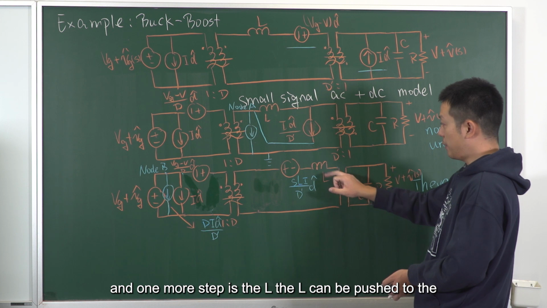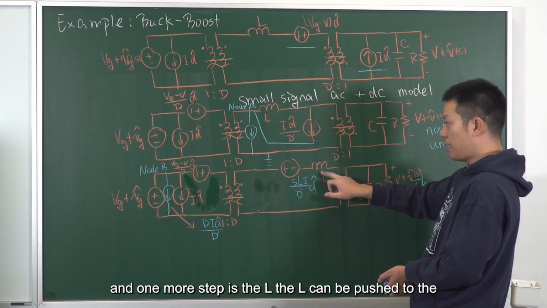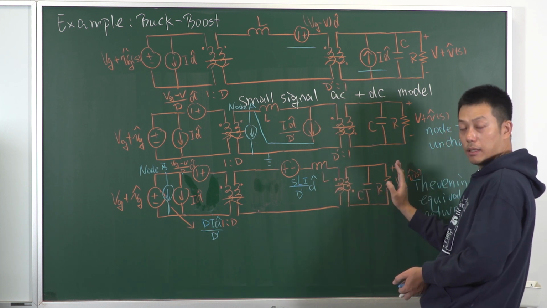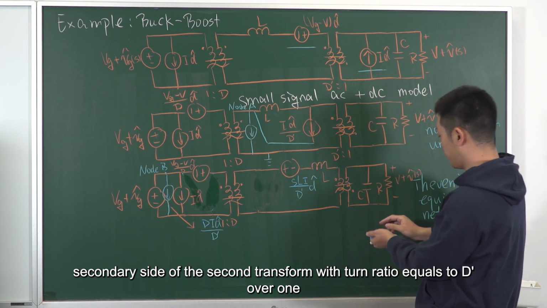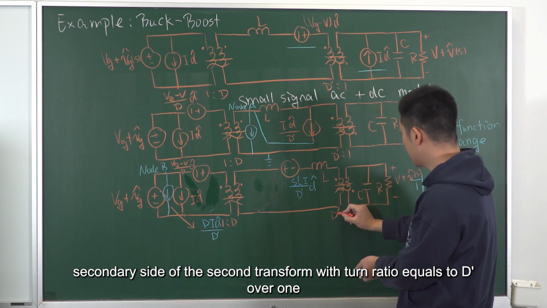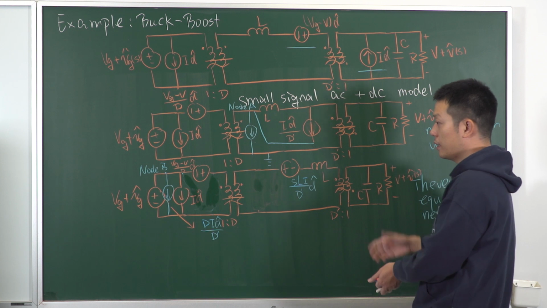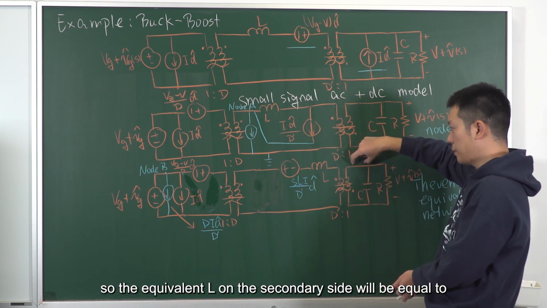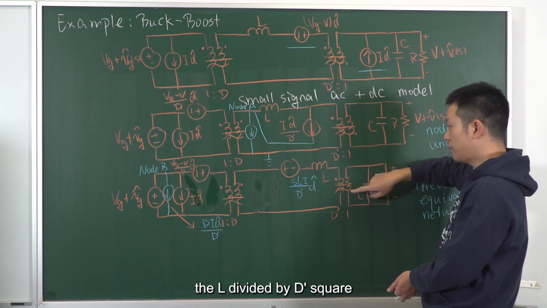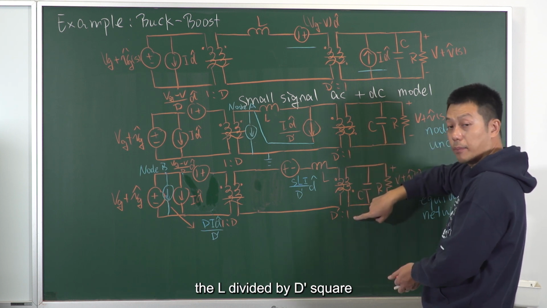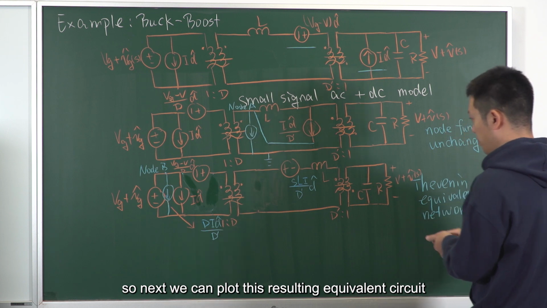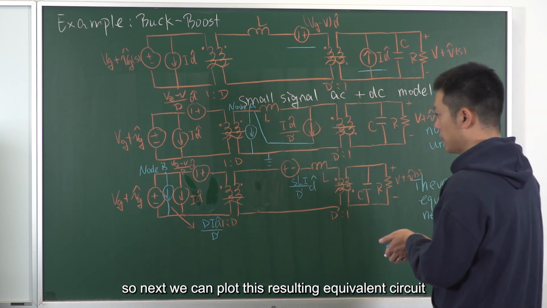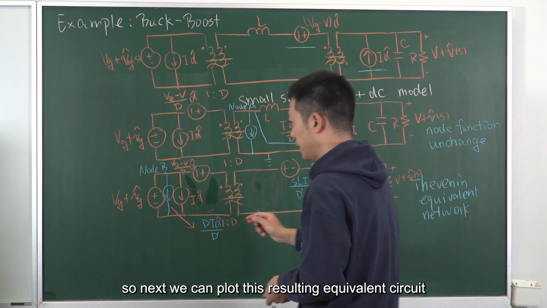And one more step is the L. The L can be pushed to the secondary side of the second transformer with turns ratio equal to 1 d prime over 1. So the equivalent L on the secondary side will be equal to L divided by d prime square, right? So next we can plot its resulting equivalent circuit.